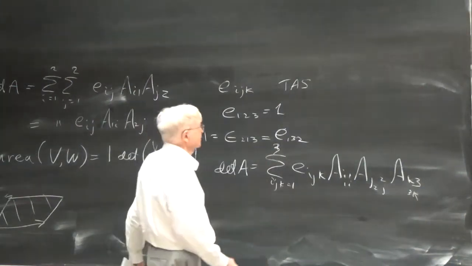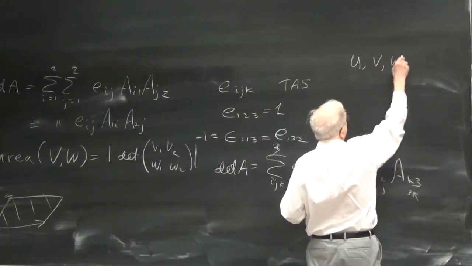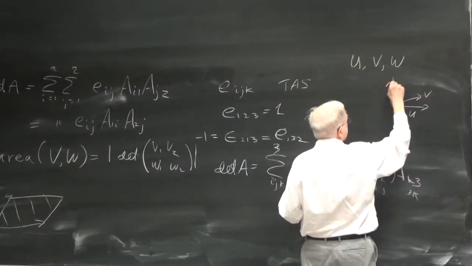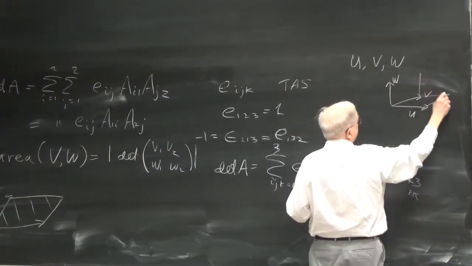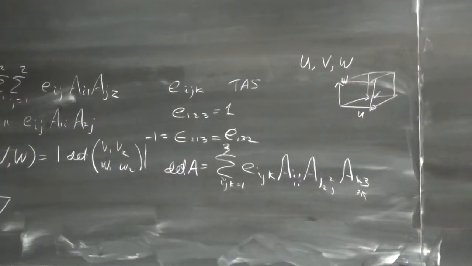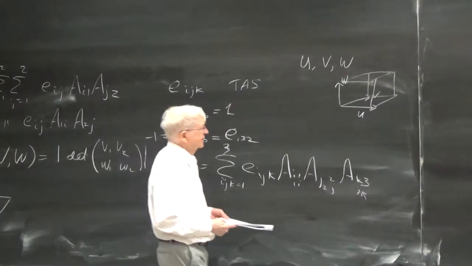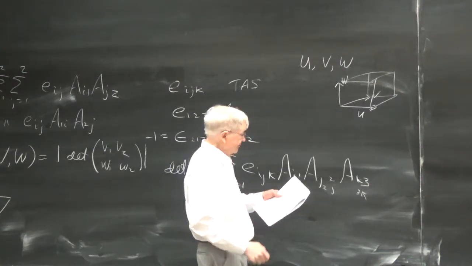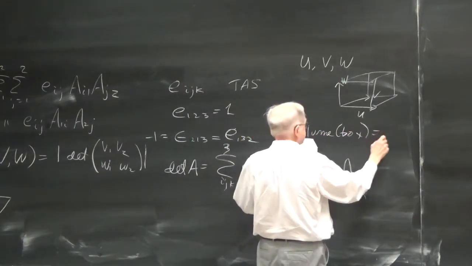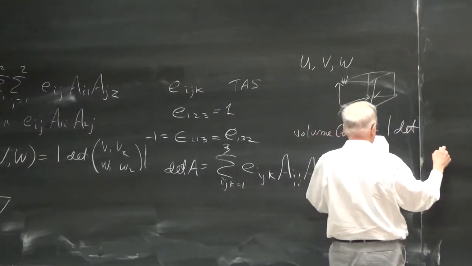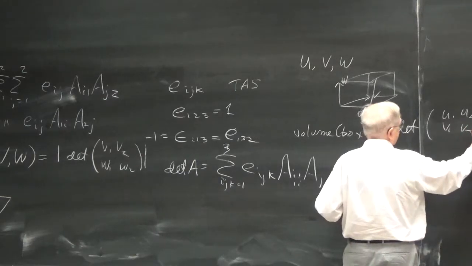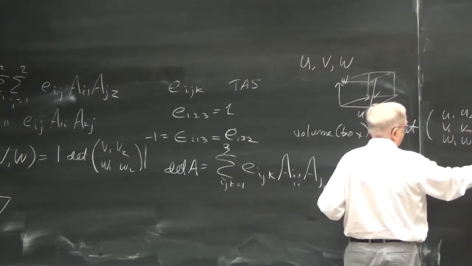Volume of a parallelepiped. If you have three vectors, U, V, and W, and U goes this way, V goes that way, and W goes up here, then this makes a box, and the volume of the box is the absolute value of the determinant of U1, U2, U3, V1, V2, V3, W1, W2, W3.